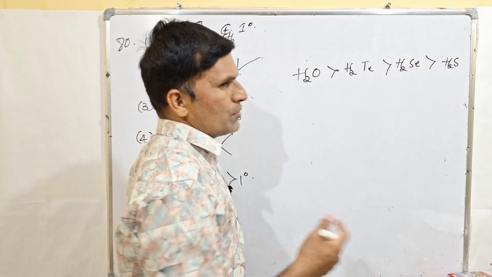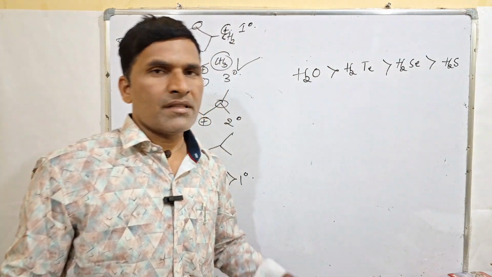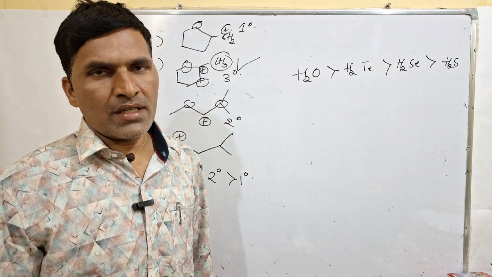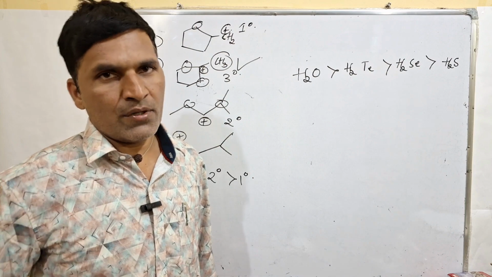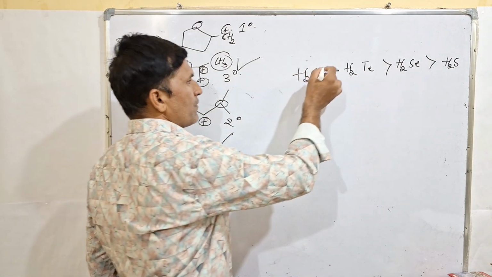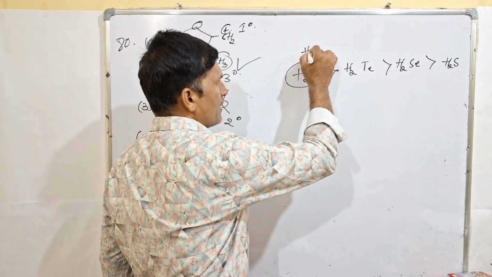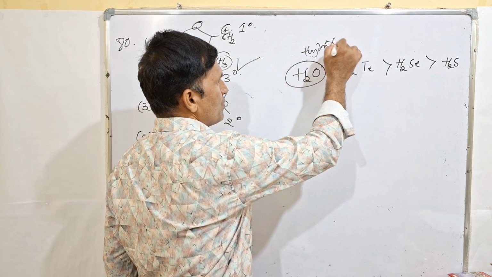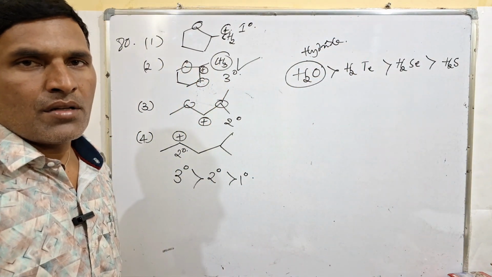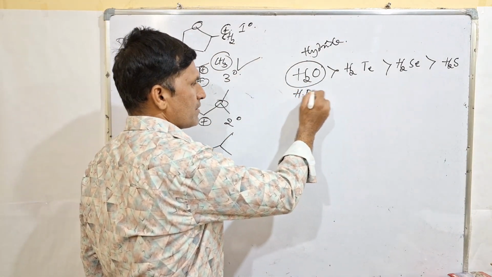One thing is, usually any compound's boiling point is decided by molar mass also. As the molar mass increases, they will have a higher boiling point. But in the group of these compounds, this is the lightest hydride, and we expect this to have the lowest boiling point, but it has the highest boiling point.